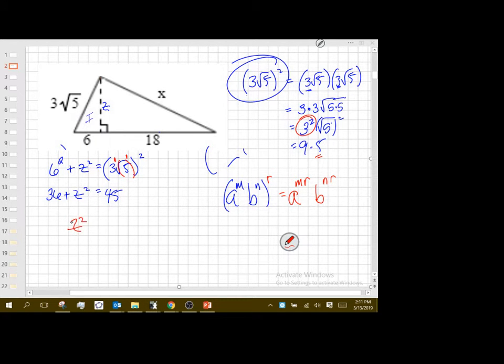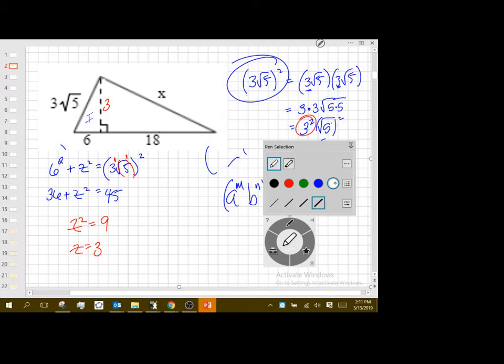So Z squared ends up being, what's 45 minus 36? 9. So Z then is 3. So that is this side here, right? Okay, so now if I've got that side, what kind of triangle is that on the right? A right triangle, meaning I could use the Pythagorean theorem a second time.